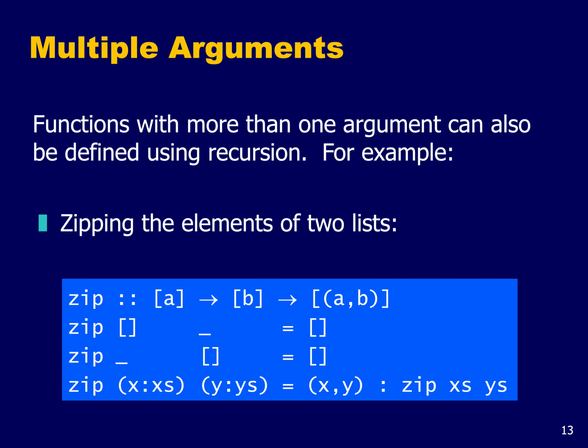Then if we have these 2 non-empty lists, what we're going to do is simply pair up the first value from the first list, so that's x, with the first value from the second list, that's y, and then we simply continue by zipping the remaining lists x's and y's together. Again, if you don't think you understand this definition, do a simple example with it and just turn the handle and see how it works out. So maybe zip the list 1, 2, 3 with the list 4, 5, 6 and see how it actually does the computation if it doesn't make sense.